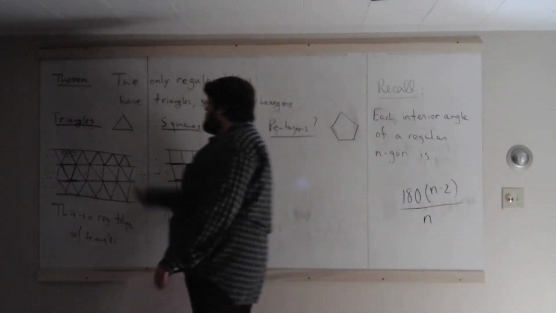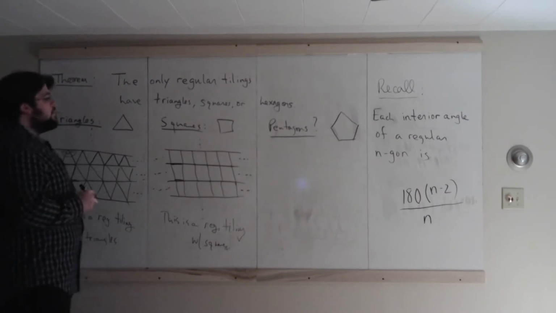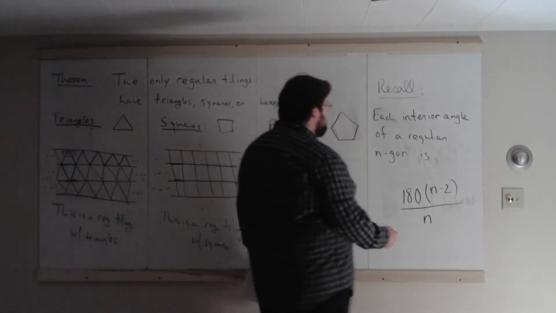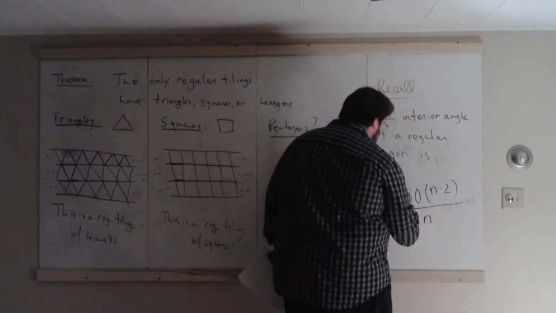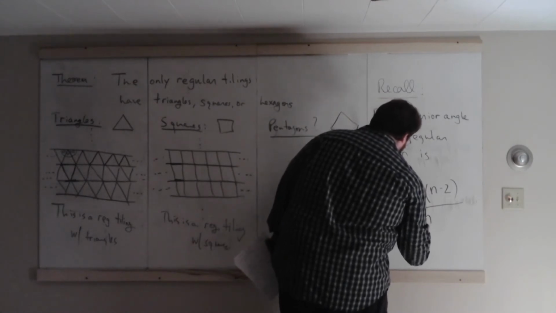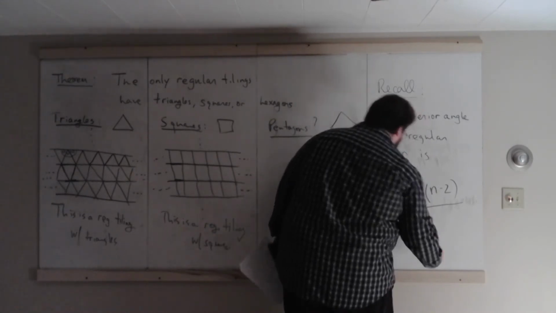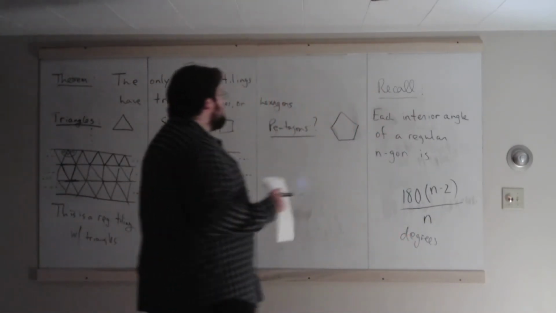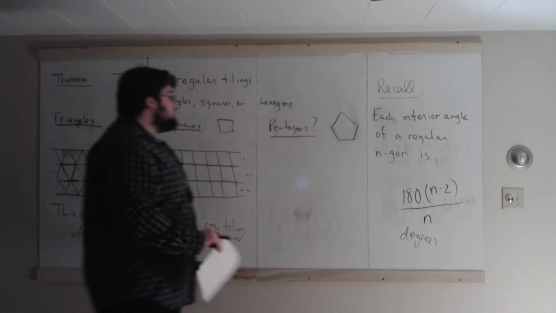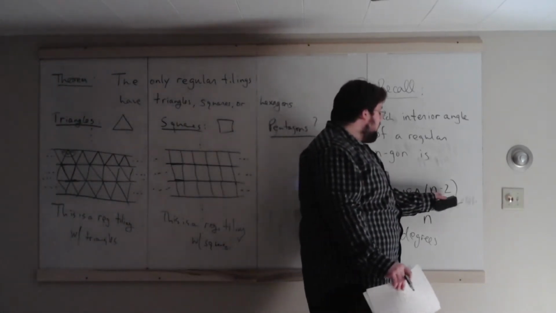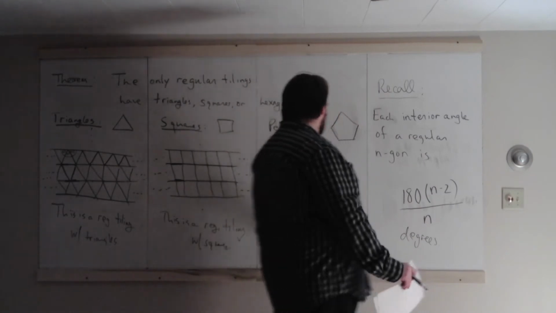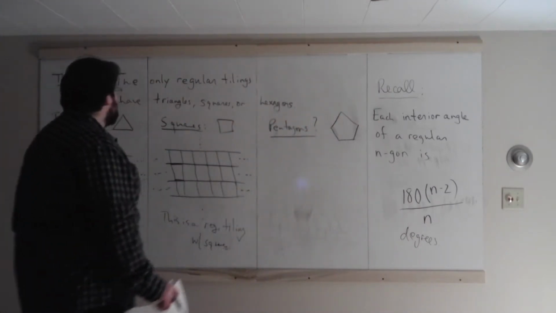And of course, the special case here gives us 60, because if n equals 3, you get 180 times 1, which is 180, divided by 3, gives us 60 degrees at each angle of a triangle.